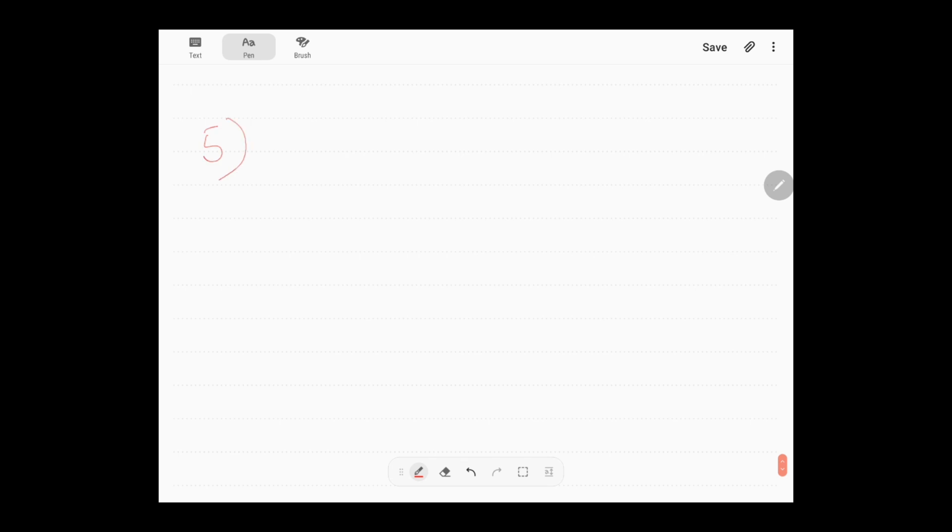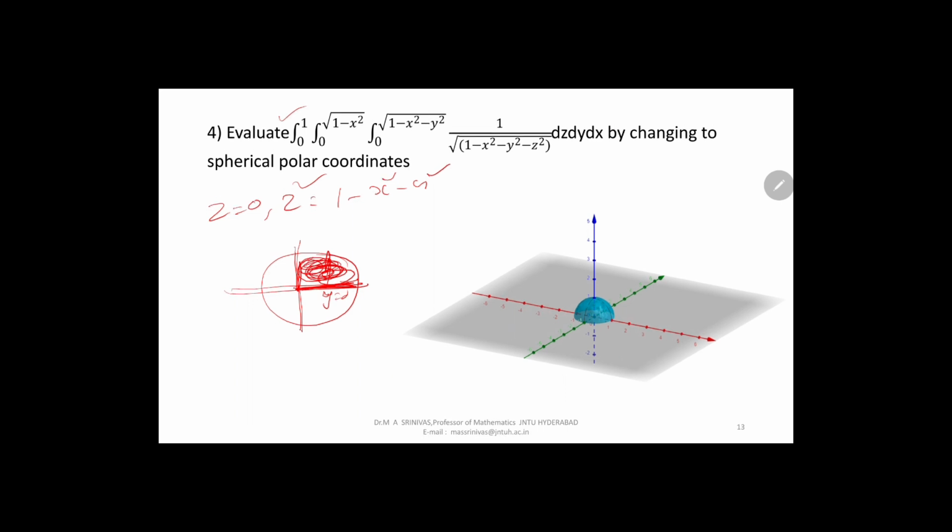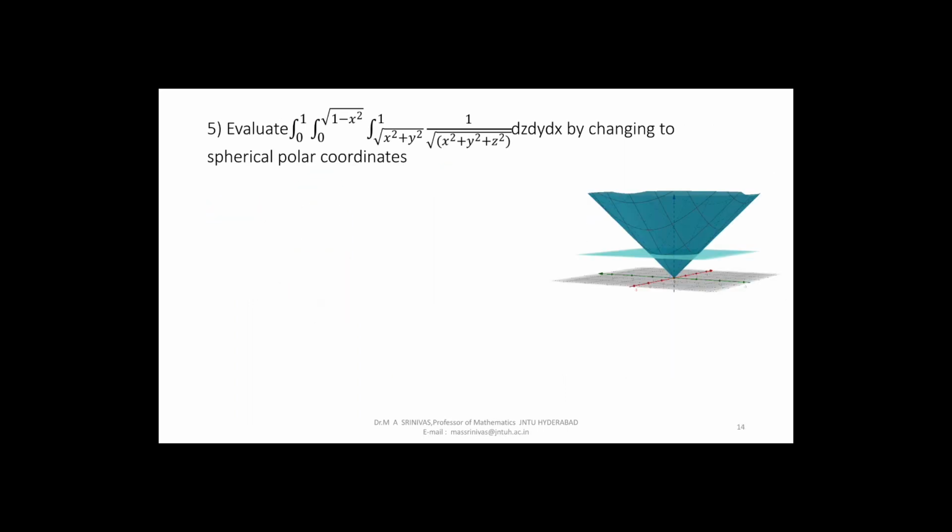Next one is the fifth one. This is also by changing to polar coordinates. Here, z is equal to root x square plus y square, and z is equal to 1. So z is equal to root x square plus y square is a cone that I have already given you, and z is equal to 1 is this plane.